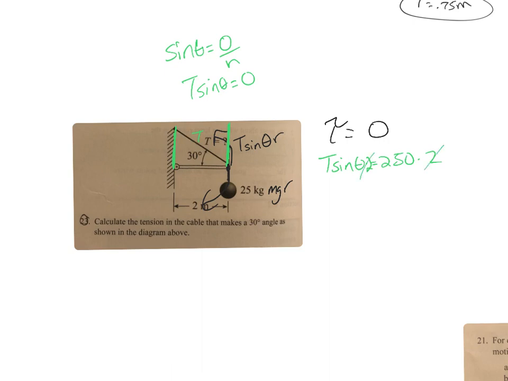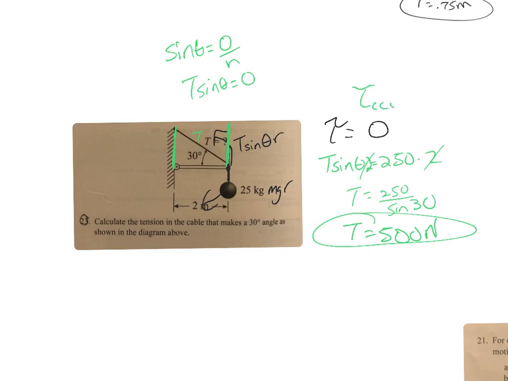Notice the 2's cancel, and so basically T would be equal to 250 divided by sine 30. So if I do 250 divided by sine 30, you get T is equal to 500 newtons. Okay? And again, I'm doing basically torque counterclockwise. It's got to be equal to torque clockwise.